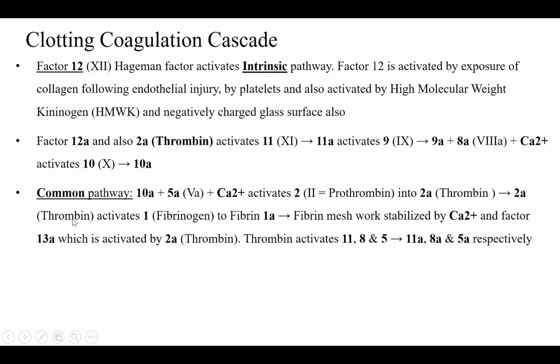Thrombin, that is factor 2A, activates fibrinogen to fibrin, and that is 1A, and these fibrin monomers basically aggregate and form a meshwork that is stabilized by calcium and factor 13A, and this factor 13 is activated by thrombin as well.